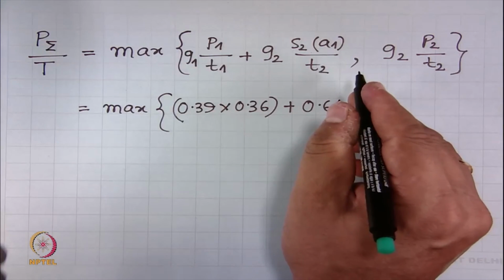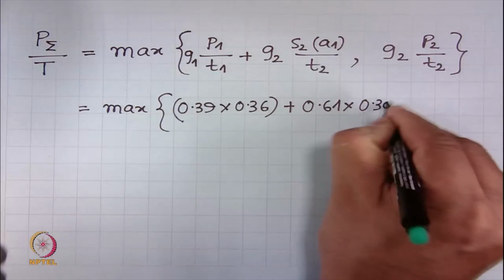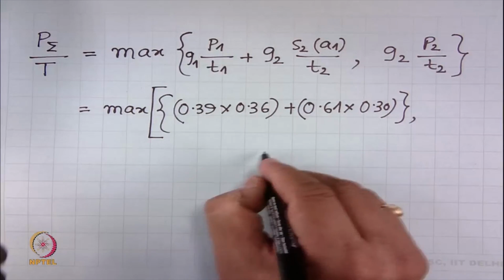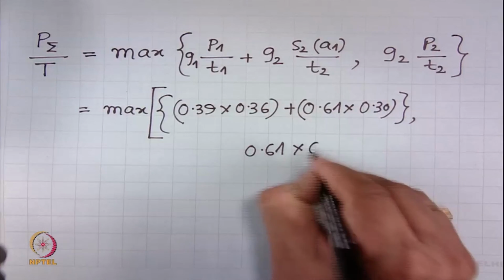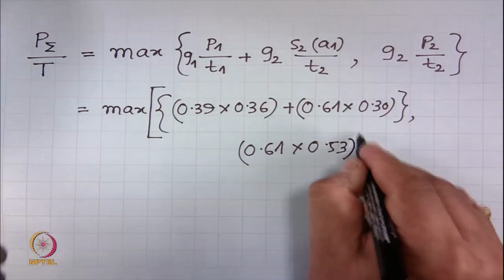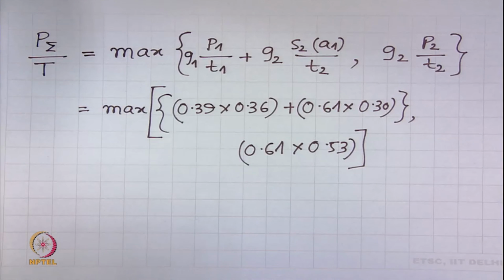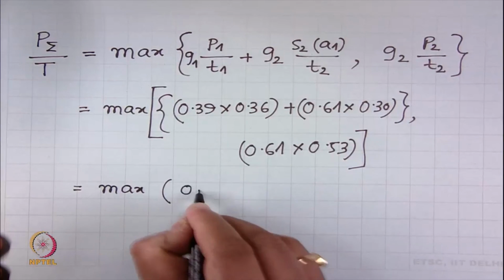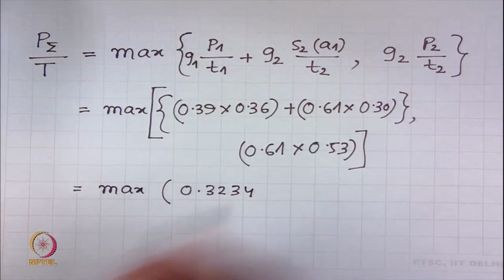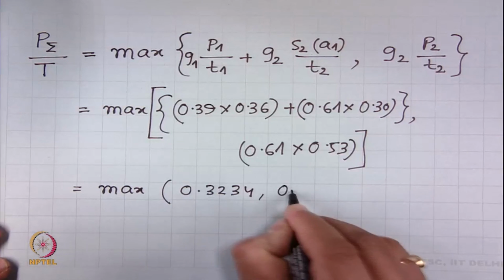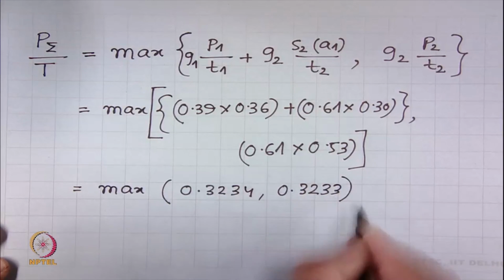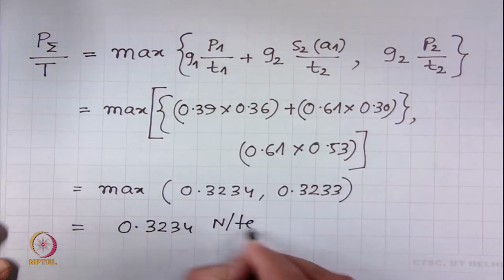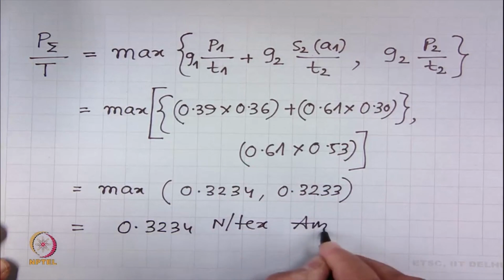What is S2A1 by T2? 0.30. So, this is one value. The next value is 0.53. So, there will be two values: 0.3234 and another will be, Newton per text is the answer.